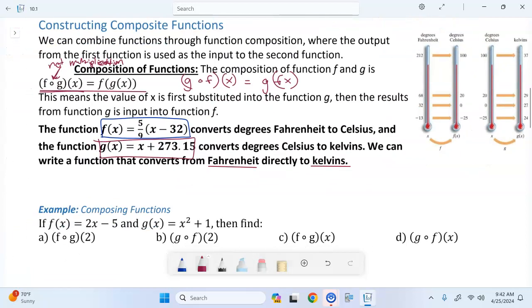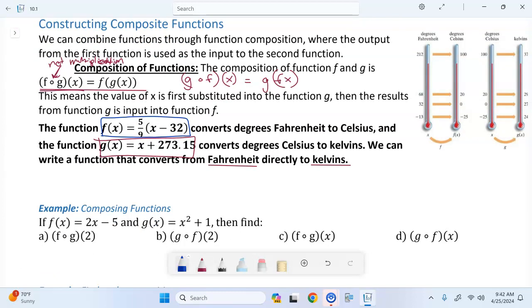So the first thing that I did is I said, okay, if I wanted to take 50 degrees Fahrenheit and convert it to degrees Kelvin, I had to evaluate f of 50, and that gave me 10 degrees.